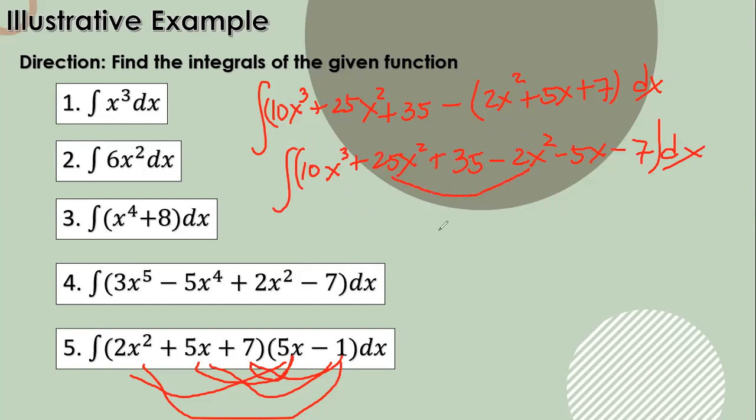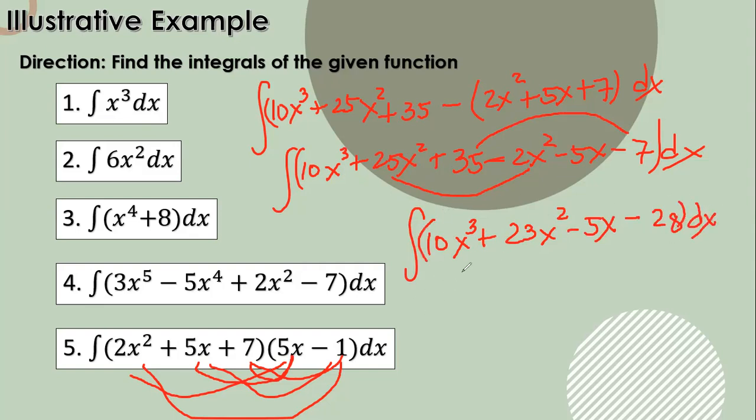The integral of x cubed has no partner, so 10x cubed plus 23x squared, since 25x squared minus 2x squared is 23x squared, then minus 5x for the x terms. Then 35 minus 7 can be combined. That will be equal to 28 dx.